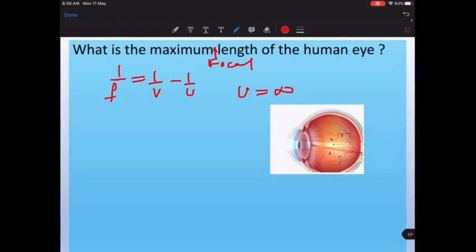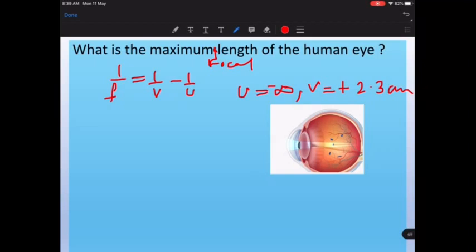Where does this 2.3 centimeter come from? I told you in the first class, while studying the human eye, that the diameter of the human eye is 2.3 centimeter, which means the distance between the lens and the retina is 2.3 centimeter. This distance is nothing but our v, which is not going to change.